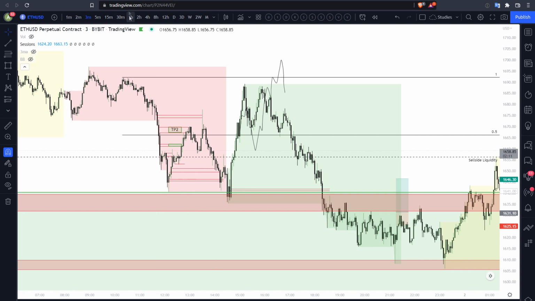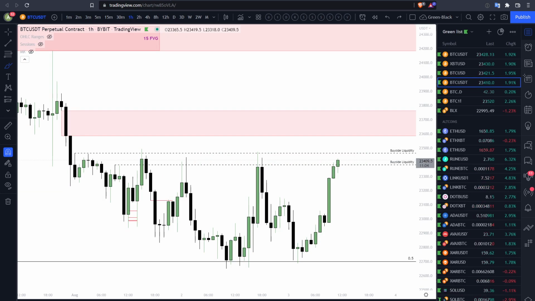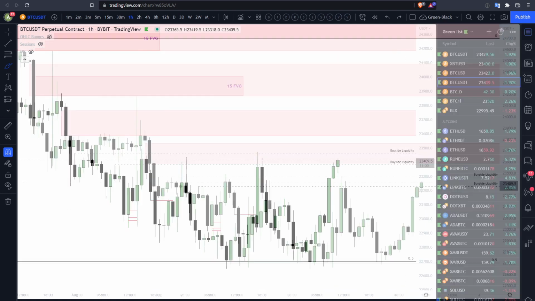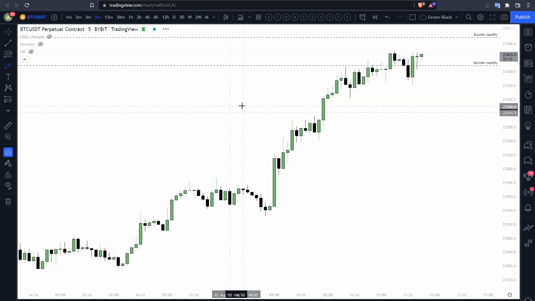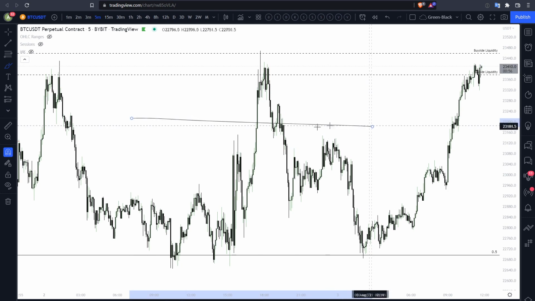When we are looking at the Bitcoin chart, this is Bitcoin. Let's return back to that place and put it on 5-minute chart.